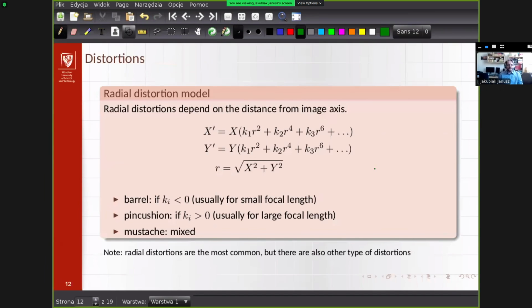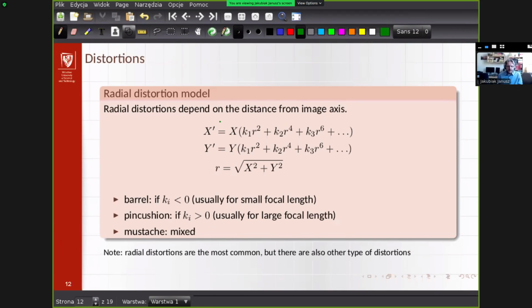Okay, so how to deal with them? As I said, the barrel and pincushion distortions have the form resulting from some square and higher range terms coming from the radius, from the axis of the image.